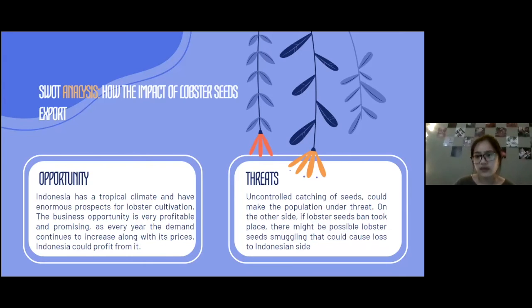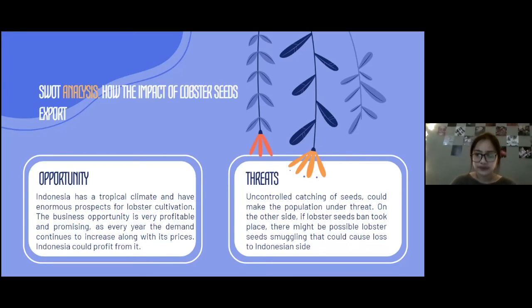If the lobster is exported to Vietnam only in the form of seeds, the price is 139,000 per head. Therefore, when Susi Pujiastuti was the minister, she banned lobster seed cultivation.